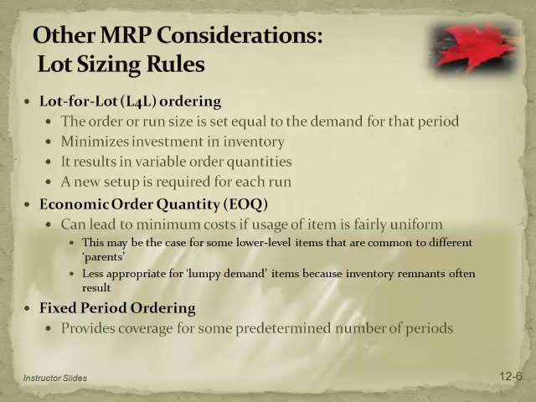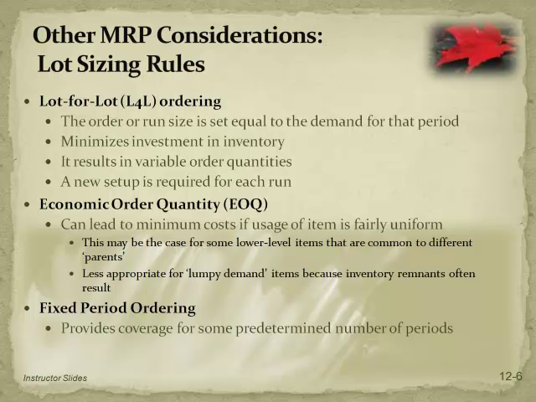So let's take, for example, let's say that you have a fixed period ordering policy of three periods of demand. What that says is whenever I have a net demand, a net requirement, I'm going to take whatever that quantity is in that time period.